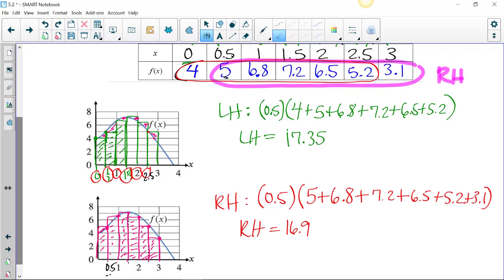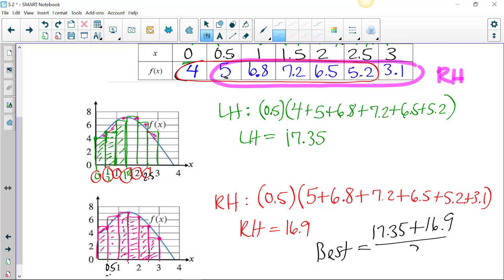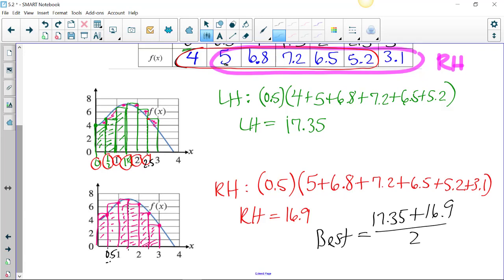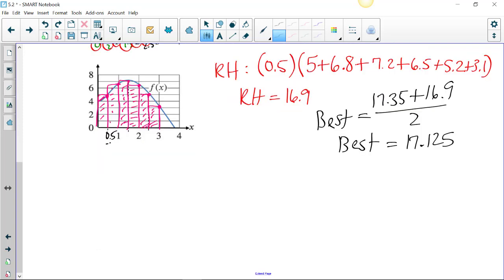Okay, but our best estimate, our best guess, is the average of those two. So 17.35 plus 16.9 divided by 2 should come out to be 17.125. Let's summarize that for a minute.